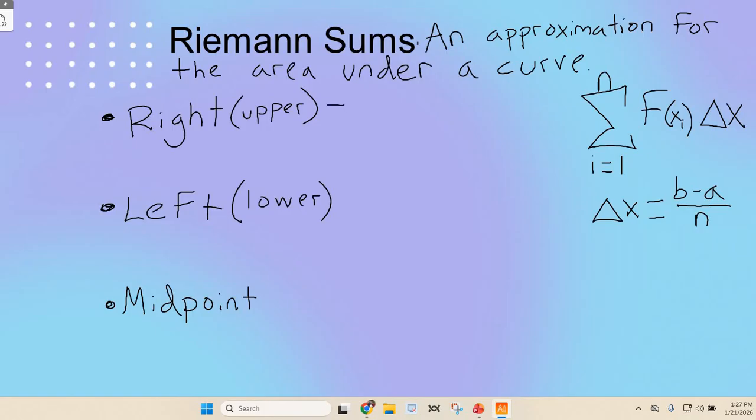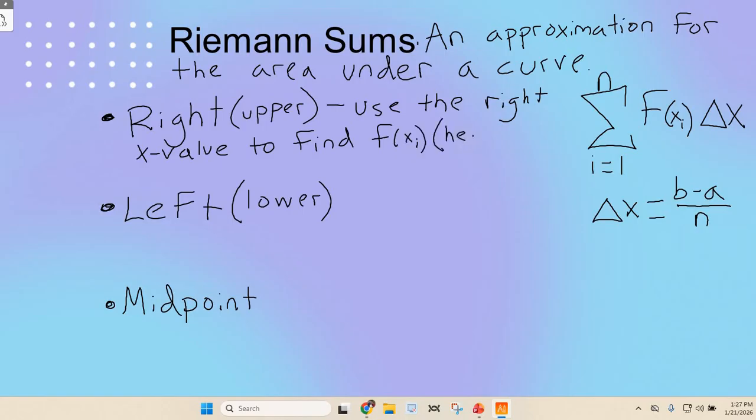For our right Riemann sum, we use the right x value to find our f of x sub i's, which remember are also our heights of each of our rectangles.